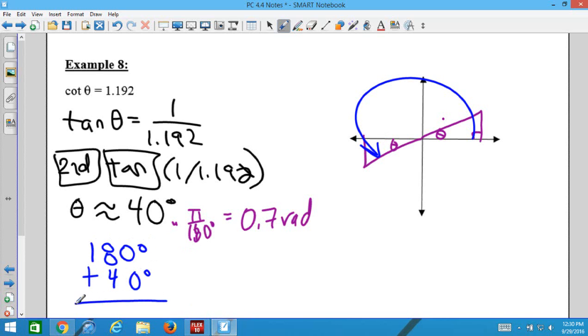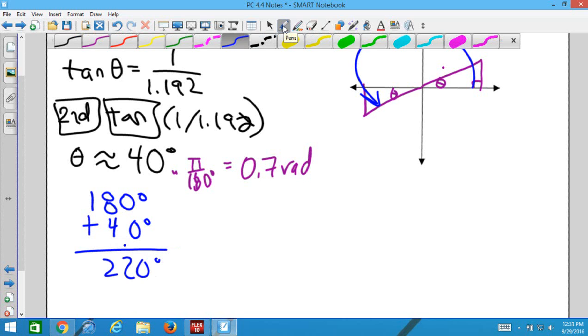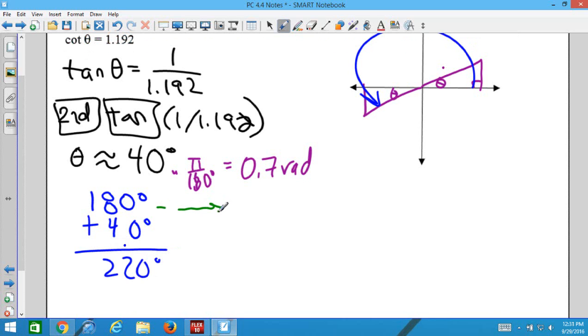So we're going to add 180 plus 40, we get 220 degrees for our second angle. And we're going to do the same thing, but in radians. So instead of 180, we're going to start with 3.14, and we're going to add 0.7, and we get 3.84, which to the nearest tenth is 3.8.